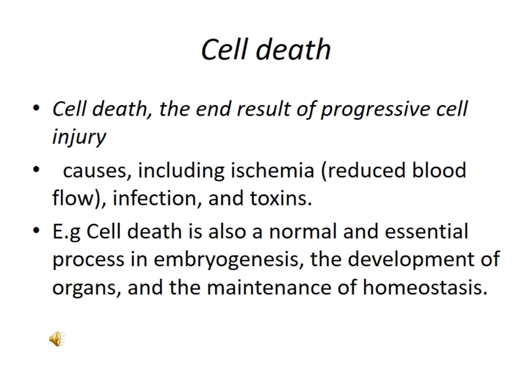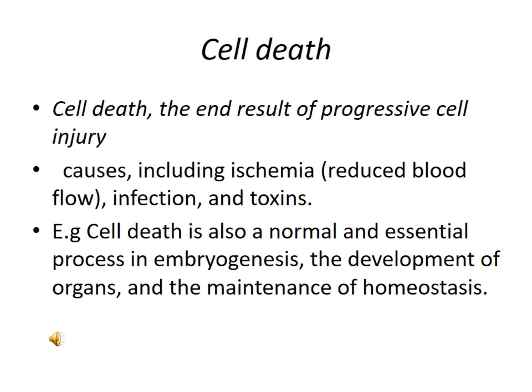It is the most crucial event in the evolution of disease in any tissue or organ. There are many causes of cell death, including ischemia, that is reduced blood flow, infections by any microorganism, and toxins. So these are the different causes of cell death.